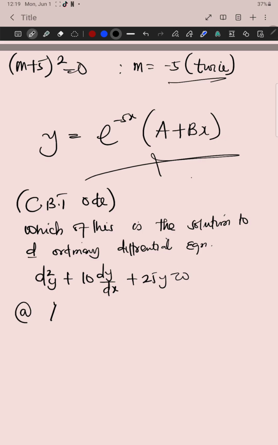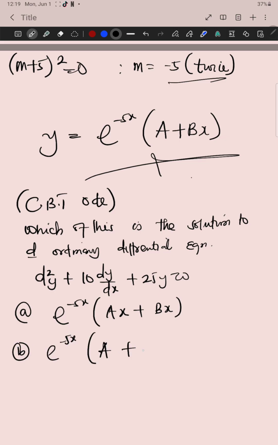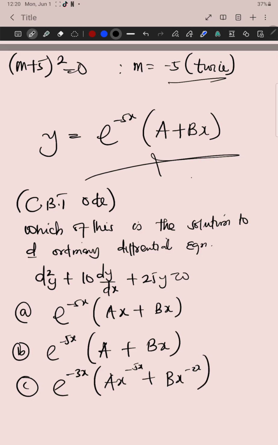A, e to the power of minus 5x into brackets ax plus bx. B, e to the power of minus 5x into bracket a plus bx. C, e to the power of minus 3x, ax e minus 5x plus bx minus 2x. Something like this will come out.